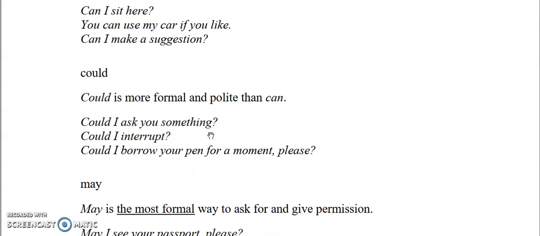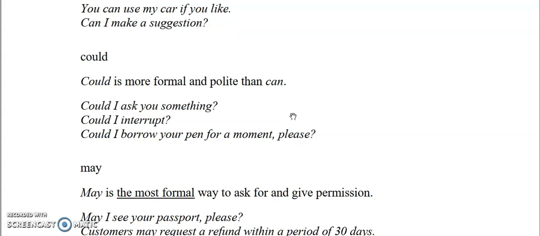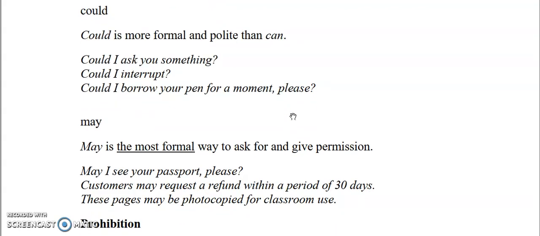The next modal is could. Could is more formal and polite, more polite than can. Examples: could I ask you something? Could I interrupt you? Could I borrow your pen for a moment, please? And the third modal for this function is may.